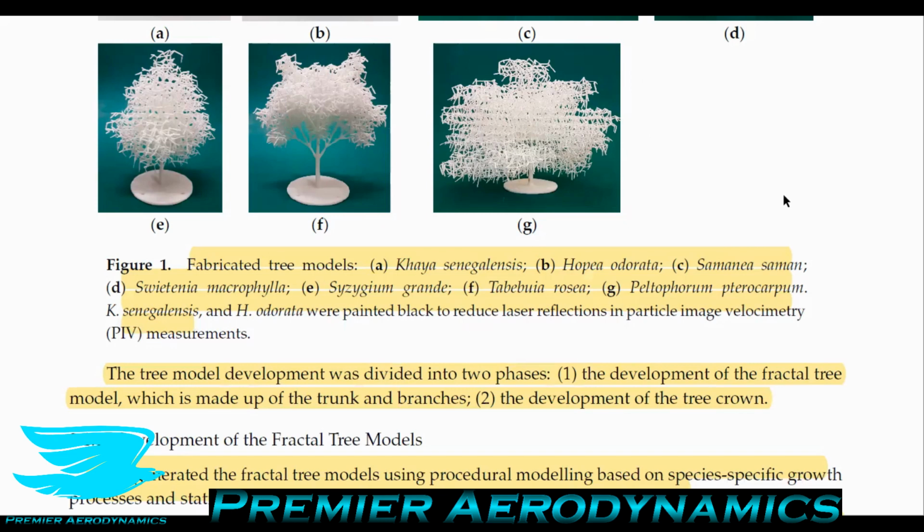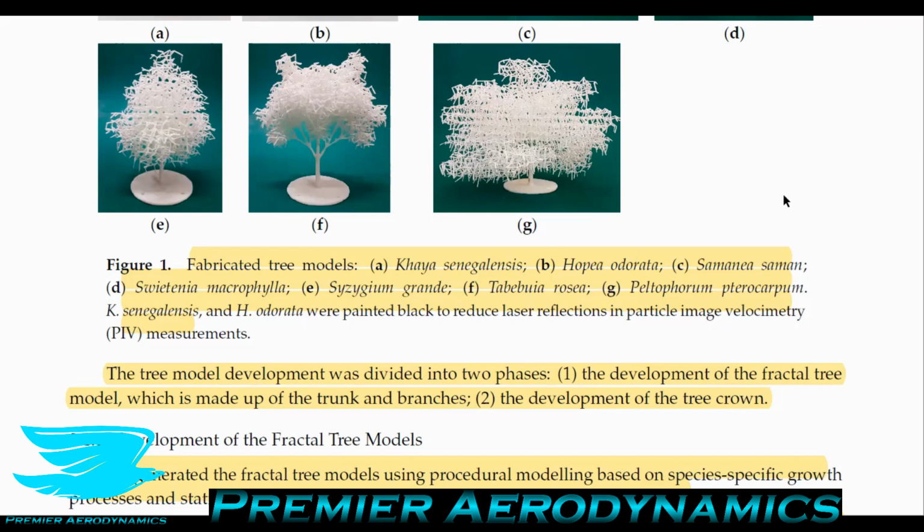The names of these trees I haven't actually tried to pronounce in real life yet. I thought I'd save the first try for this recording, that way you'll maybe get a fun thing to listen to. So tree A is called Khaya senegalensis. Tree B is Hopea odorata. Tree C is Samanea saman.